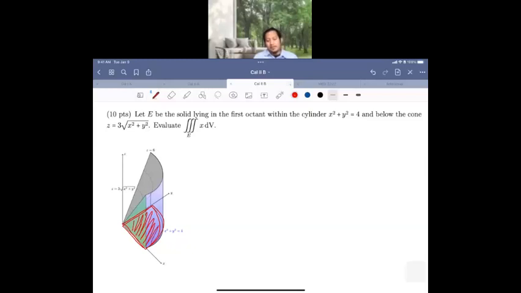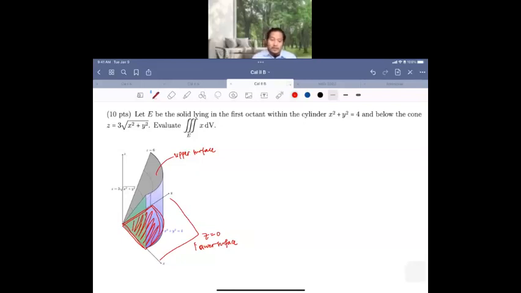Then we could have this become the upper surface, and z equals 0 becomes the lower surface. So we could take this as upper surface minus lower surface.